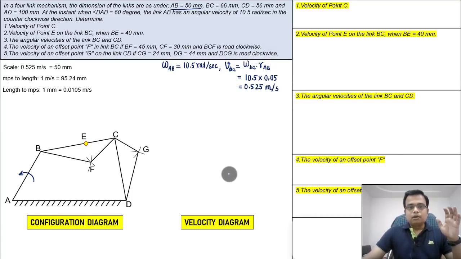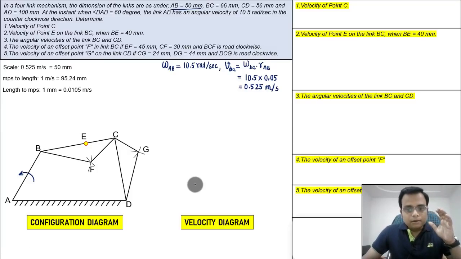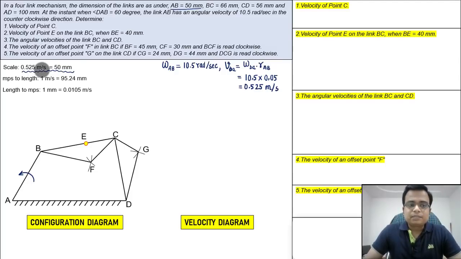Now, let us talk about making the velocity diagram. How can that essentially be done? We need to take a scale. Based on the space that I have, I have taken this scale: 0.525 meters per second is equivalent to 50 millimeters.